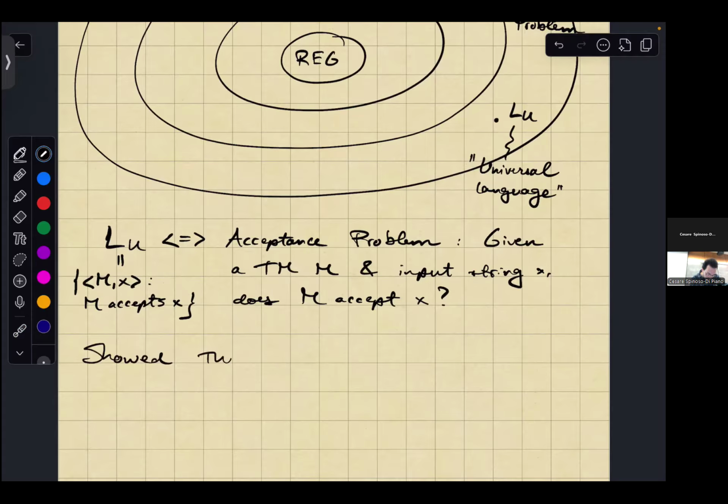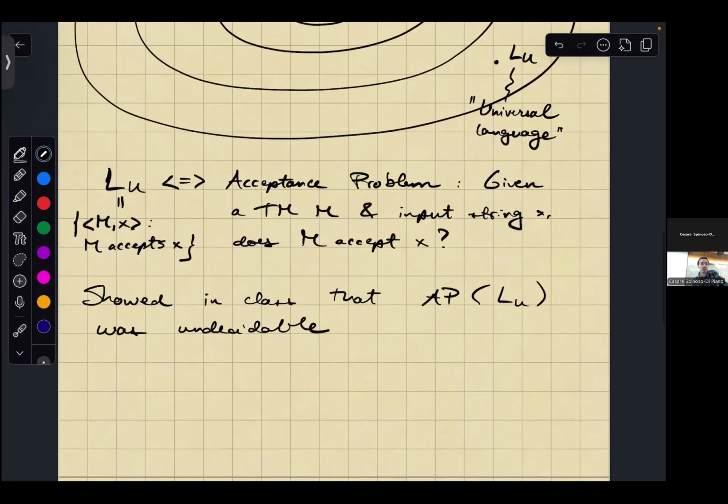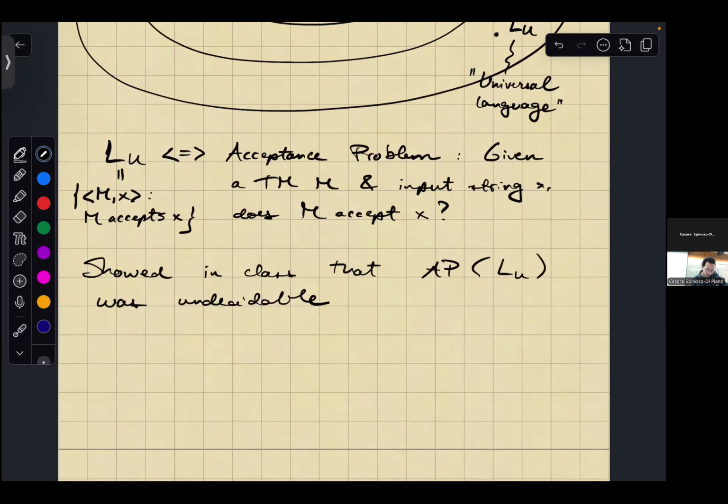It was shown in class that the acceptance problem, which is what I'll be referring to from now on as the universal language, was undecidable. And the way this was shown was through a reduction, right? Which is going to be the first actual hands-on topic of this tutorial.